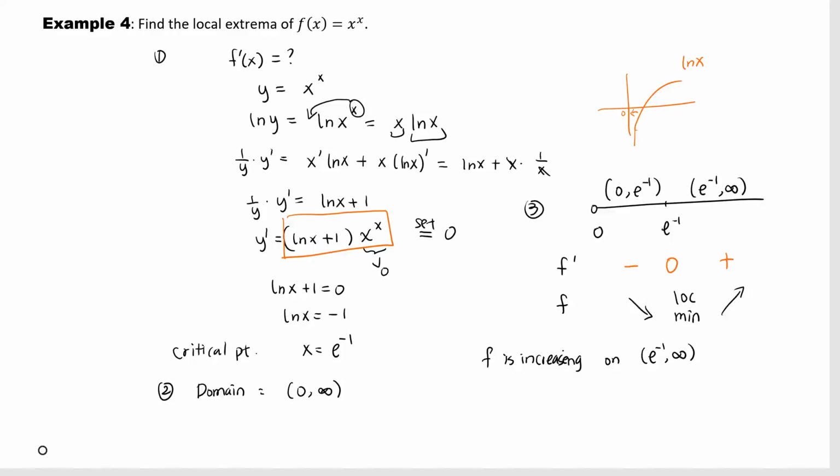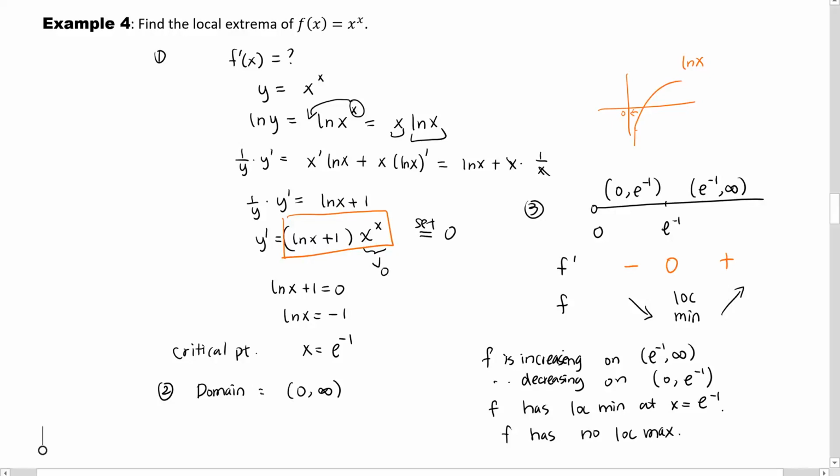Okay? And f is decreasing on 0 to e to the minus 1. f has a local minimum at x equals e to the minus 1, and f has no local maximum.